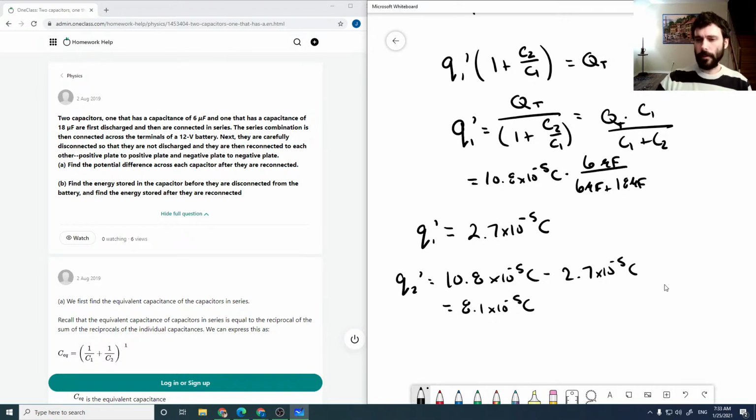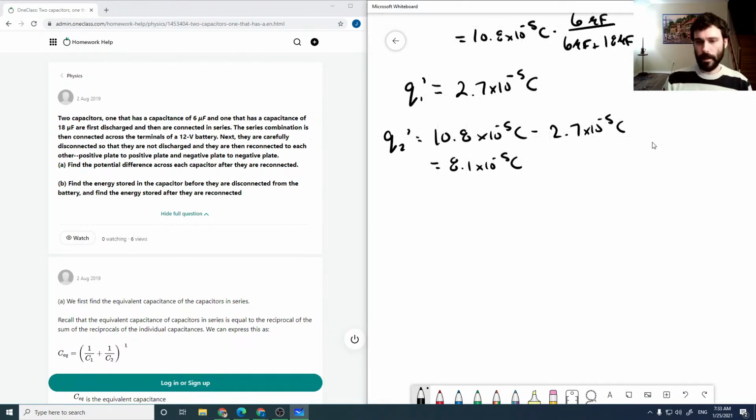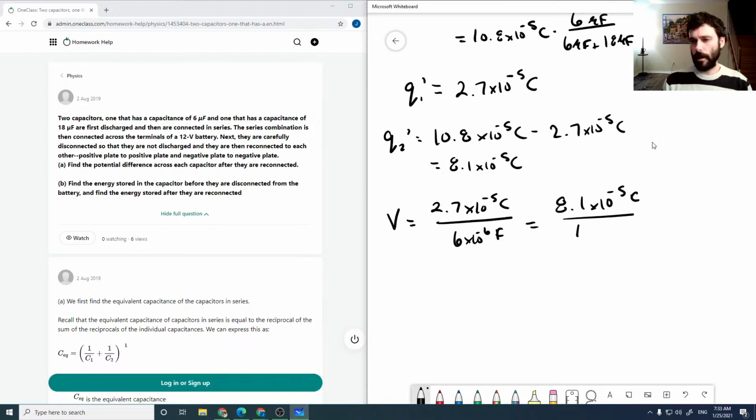And then now we can verify by saying that our voltage should be 2.7 times 10 to the minus 5 coulombs over 6 times 10 to the minus 6 farads, and it should equal our 8.1 times 10 to the minus 5 coulombs over our 18 times 10 to the minus 6 farads.